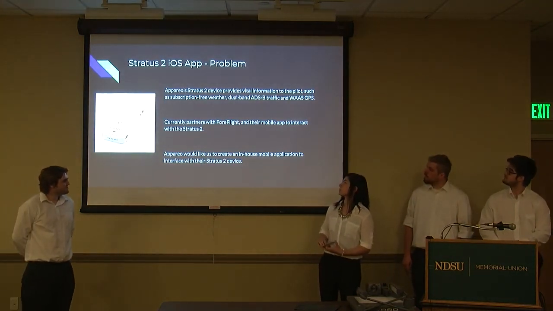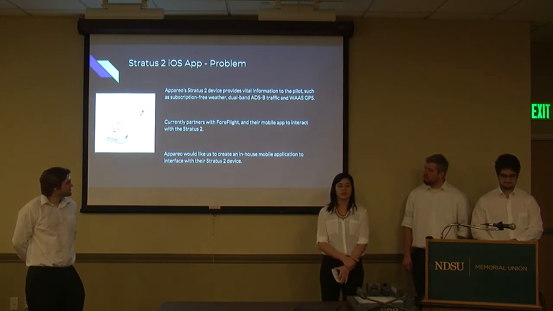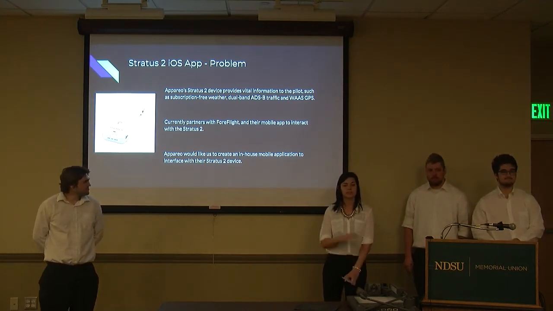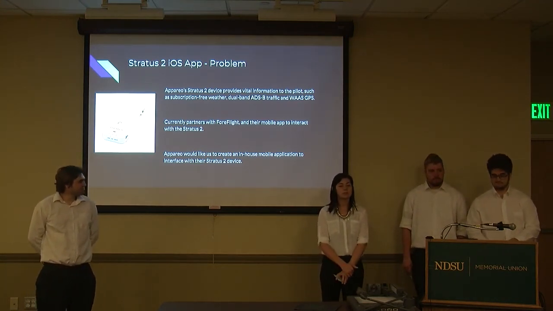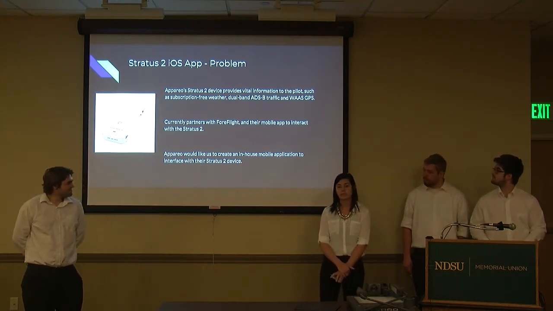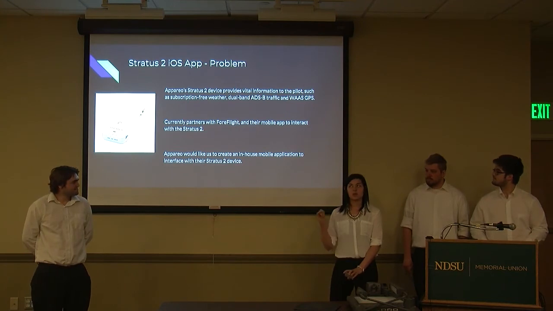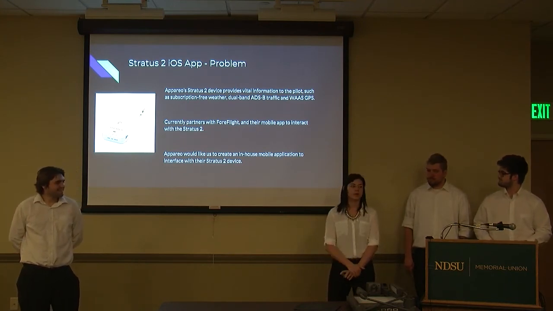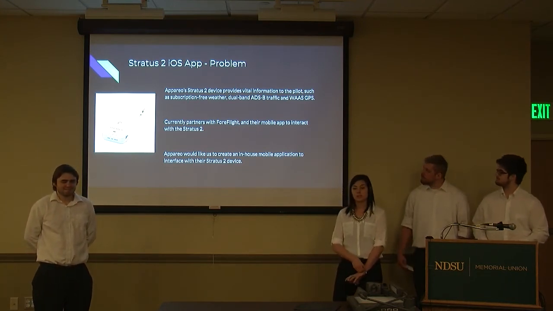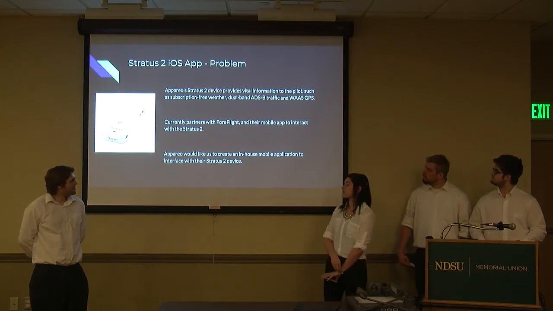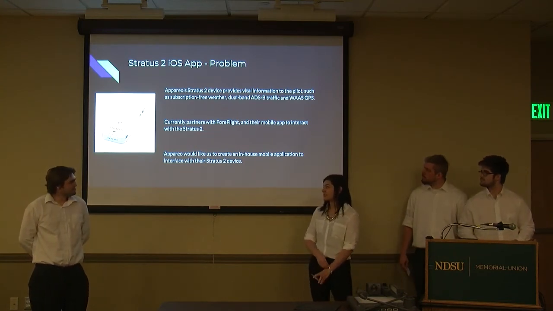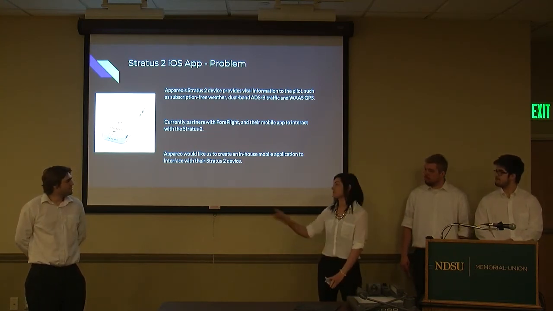So the Apereo Stratus 2 device provides a lot of vital information to the pilot, including GPS location, altitude, ground speed, vertical speed, a lot of stuff. What we're tapping into in our project is only about 4% of what the Stratus can actually do. One of the things the Stratus cannot do, though, is it's not a display device. You can see a picture of it there.